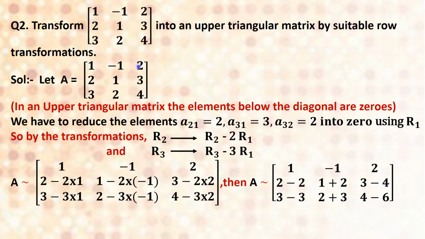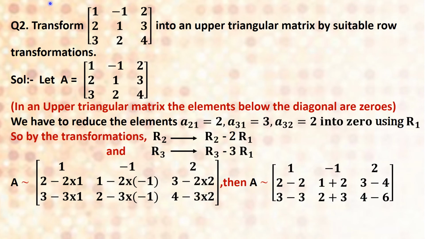So these all are written here. Now we will simplify it. That is 2 minus 2, 1 plus 2, 3 minus 4, 3 minus 3, 2 plus 3 and 4 minus 6.